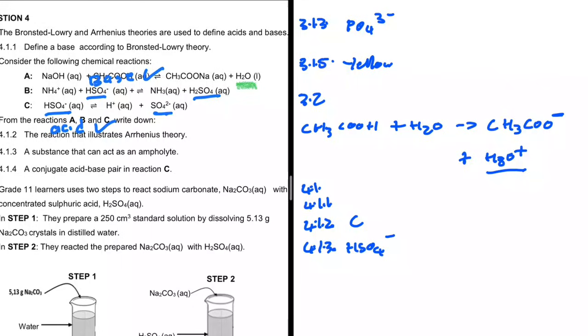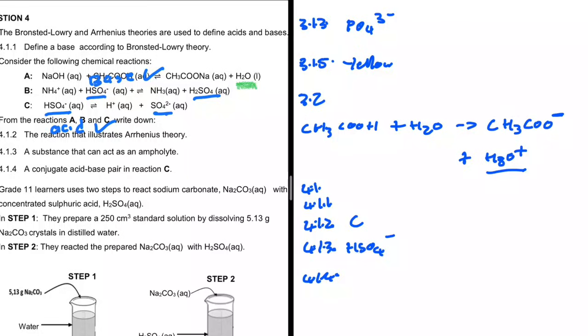Okay, and then 4.1.4, a conjugate acid-base pair in reaction C. In reaction C, HSO4 minus is our acid. It donates a proton to become SO4 2 minus.